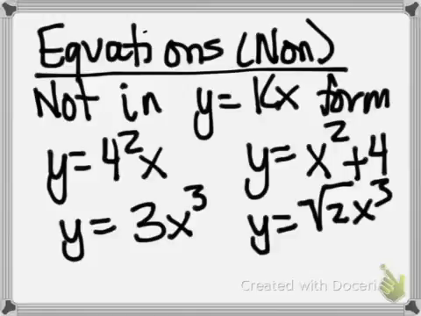Yes, that 3 is there, but since that x is cubed, that's going to be non-proportional because it is not in the form of y equals kx. Y equals x squared plus 4. Y equals the square root of 2x cubed. Again, they are not in the form of y equals kx.